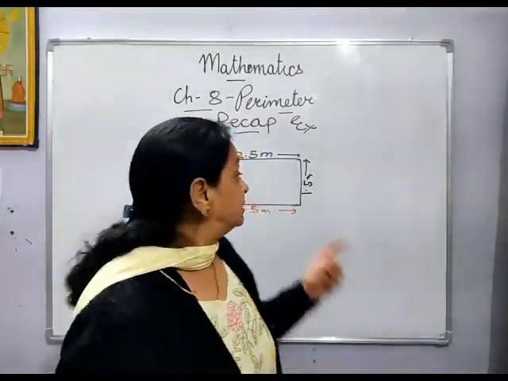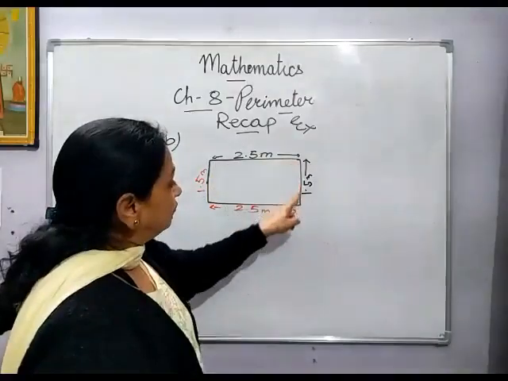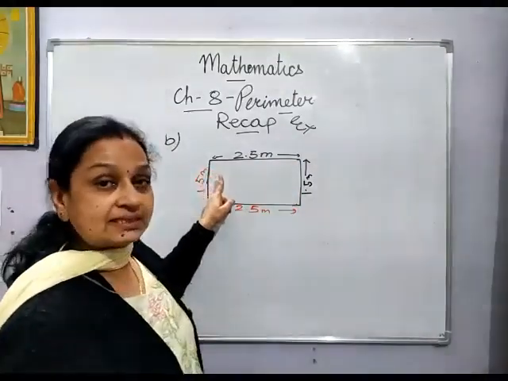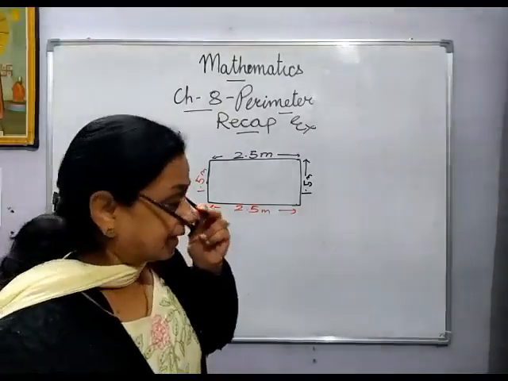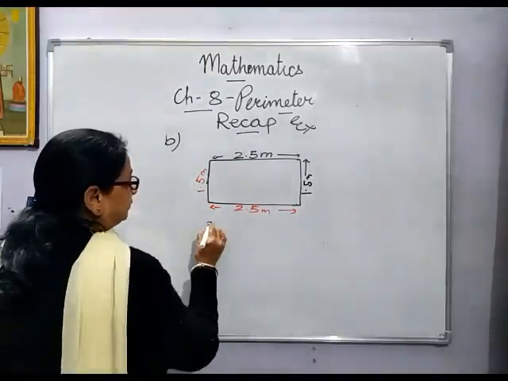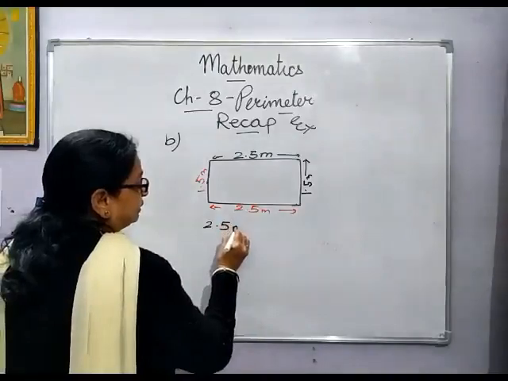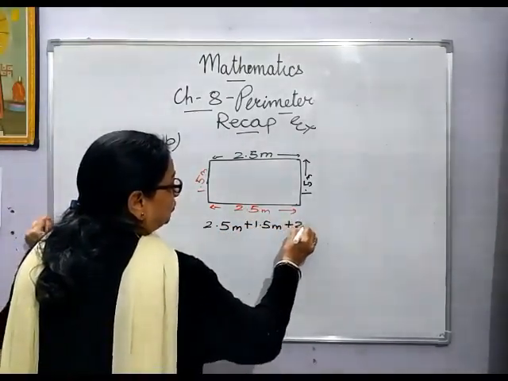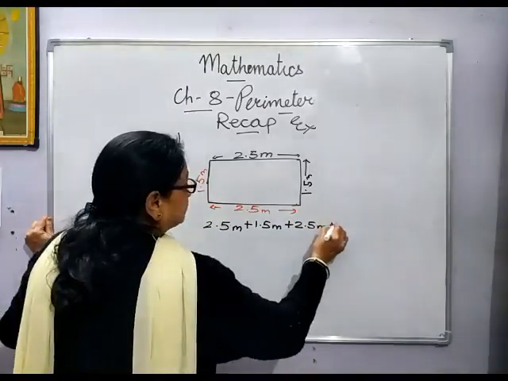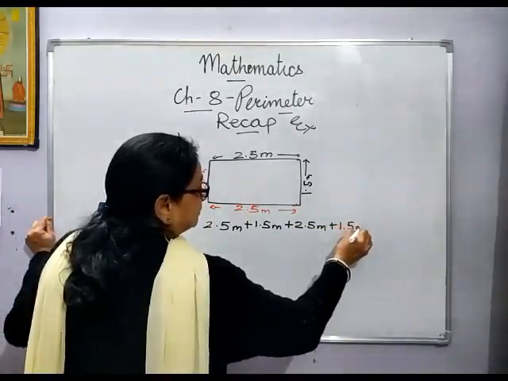Now what is perimeter? It is the sum of the lengths of these sides. So you will calculate 2.5 meter plus 1.5 meter plus 2.5 meter plus 1.5 meter.